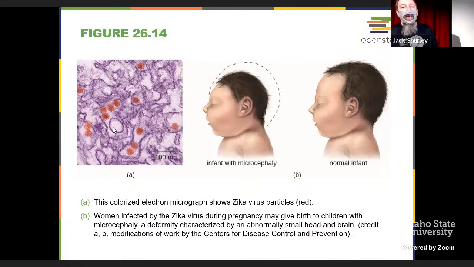So here, the Zika virus through an electron micrograph, and then we can see the impacts. And a lot of the issues truly were with, or are with, it's not a thing of the past, developing children. So adults becoming infected with this may exhibit slight symptoms, but really nothing that adverse. It's the developing child that's the bigger concern.